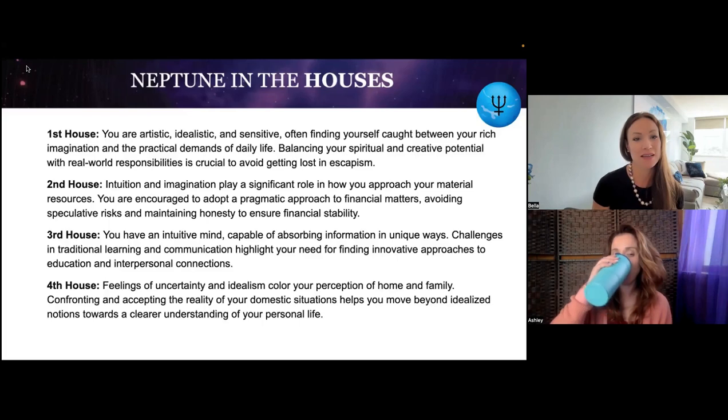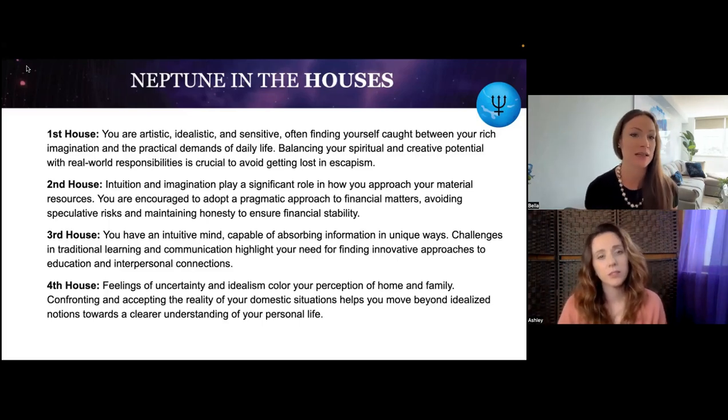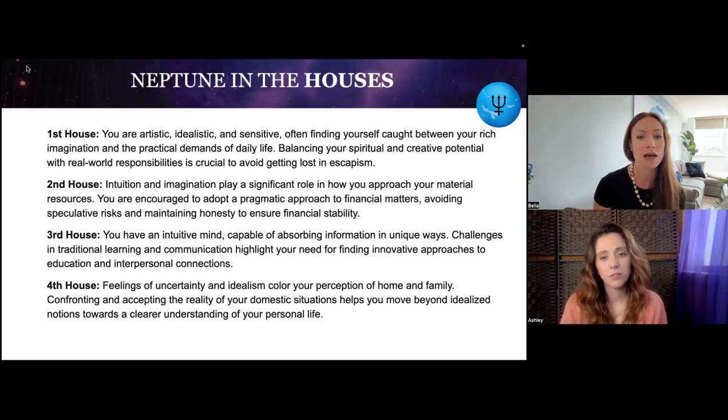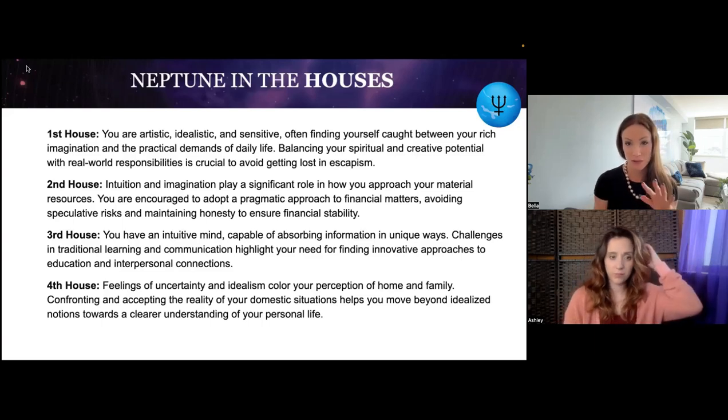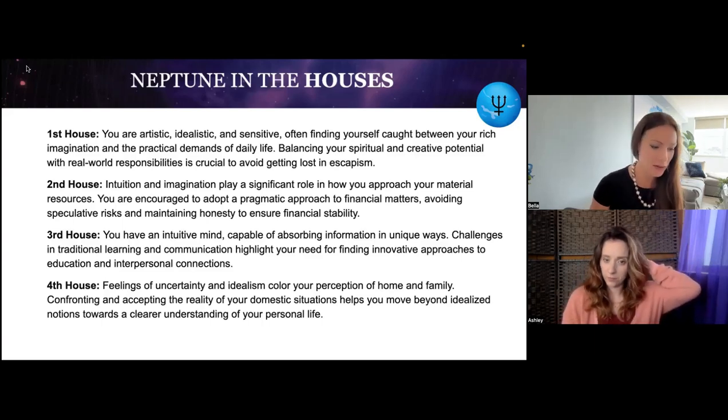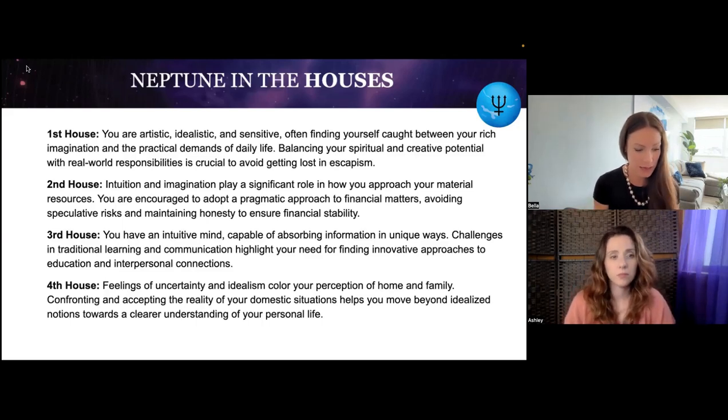If you have Neptune in the second house, then intuition and imagination play a significant role in how you approach your material resources. You are encouraged to adopt a pragmatic approach to financial matters, avoiding speculative risks and maintaining honesty to ensure financial stability. So the second house, connected to Taurus, the Earth element, is very tangible.